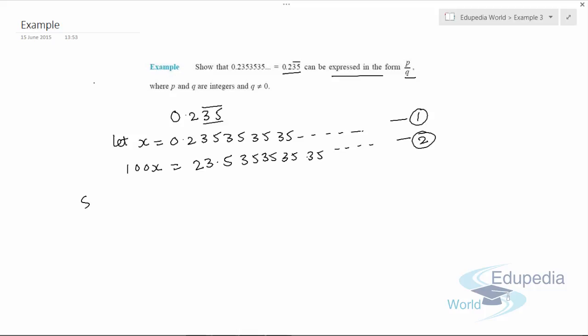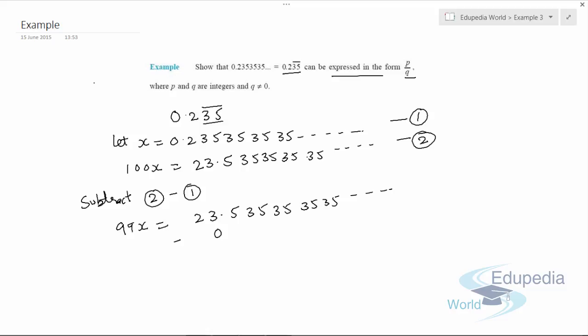Now we have to subtract 1 from 2. So what we get is 99x equals 23.535 35 35 35 minus 0.235 35 35 35. The number goes on.